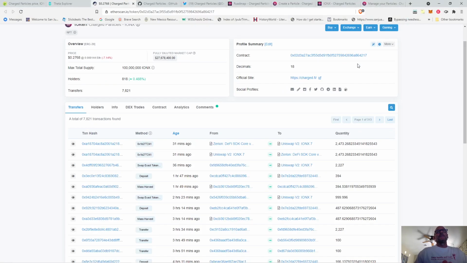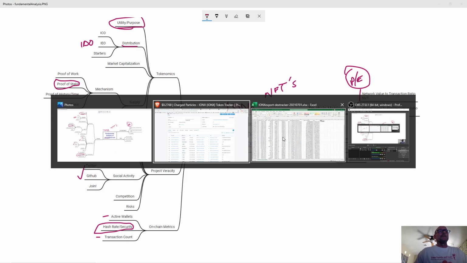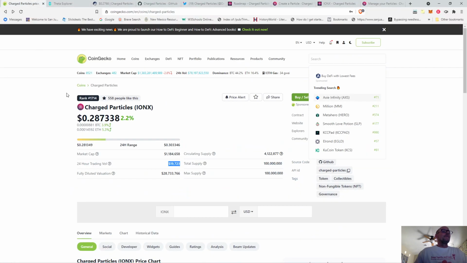MVRV score, right? In these terms, that's its market value to realized value ratio, and that's its market cap minus its realized market cap, basically. That's the fully diluted valuation, which would be realized. Well, not really.